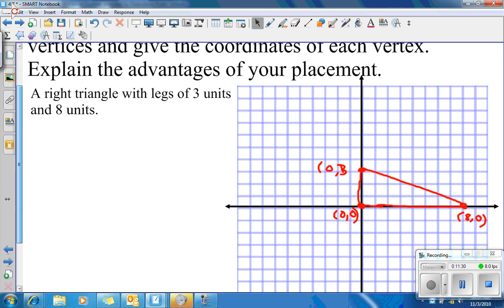So there's your point. And our advantages would be what? Why did we choose that? Because you consider units easier.